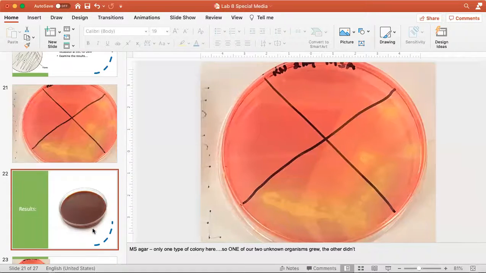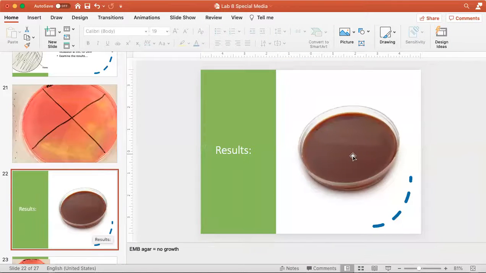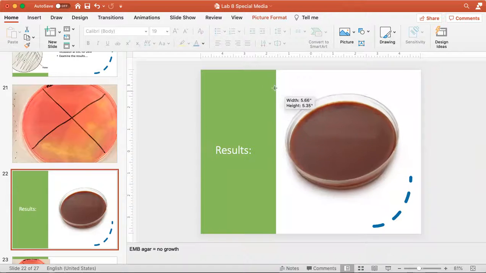We need an EMB plate to figure this out. Here is my EMB plate.